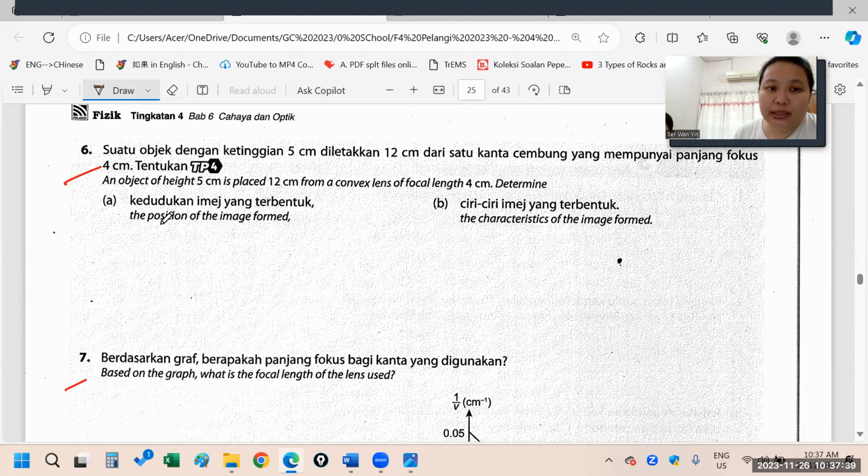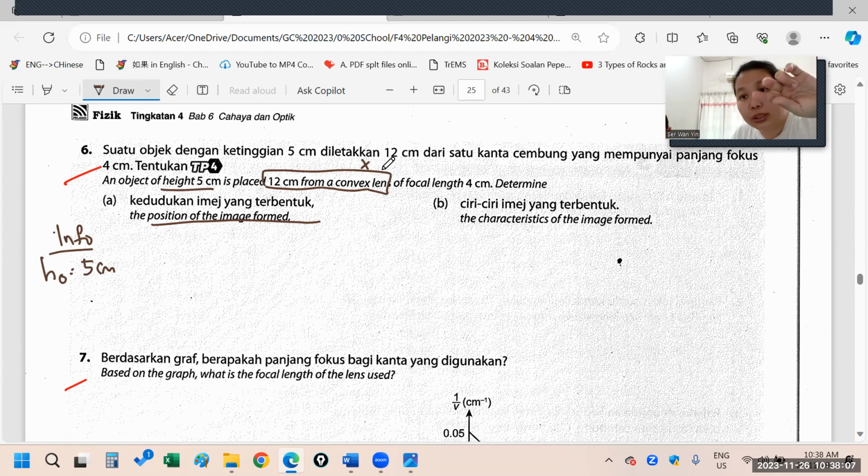Okay, position of image formed. So we got info: height 5 cm is actually the height of object. Placed 12 cm from a convex lens.